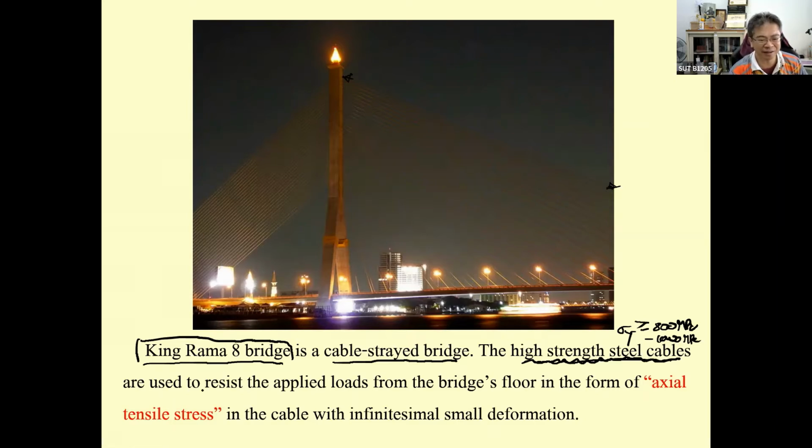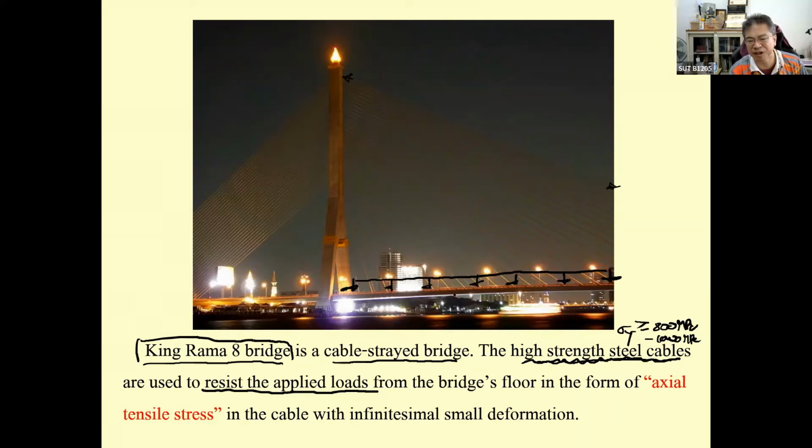Okay, this is used to resist the uplift. The bridge produces very large force due to its large span across the Chao Phraya River, like 300 or 400 meters. So the load on the bridge is very large.